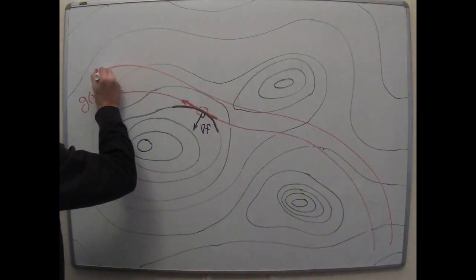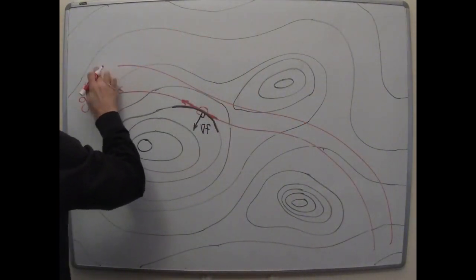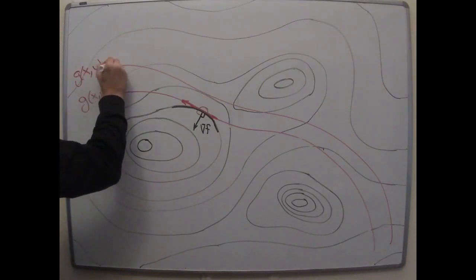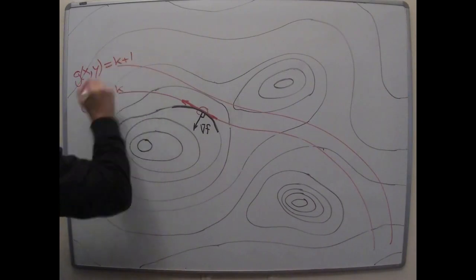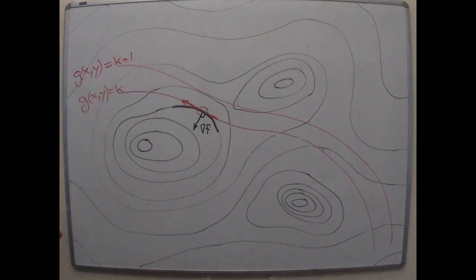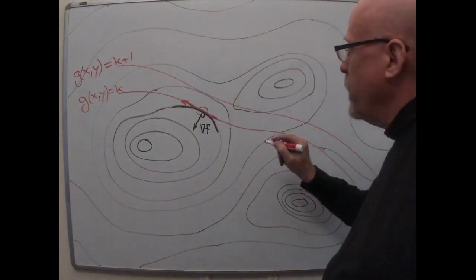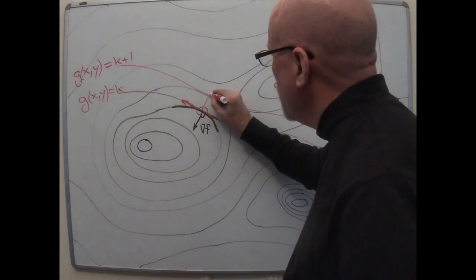In fact, there is, defined by g of x, y equals k plus 1. Now, what direction does the gradient follow? It goes from a spot on the k level in the direction of the k plus 1 level. So the gradient of that g goes this way.